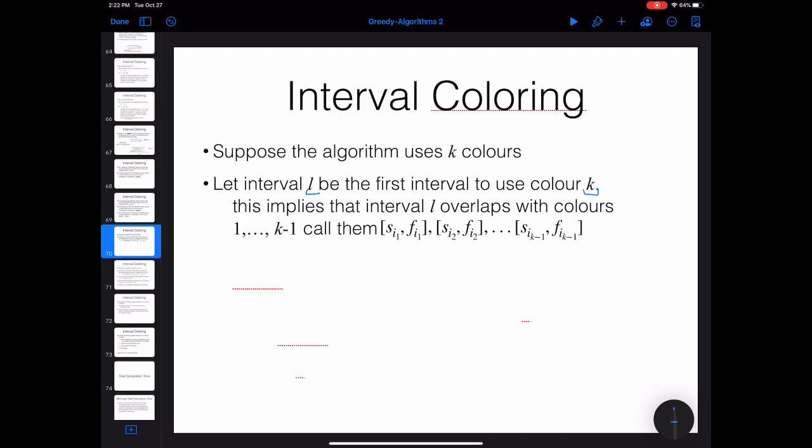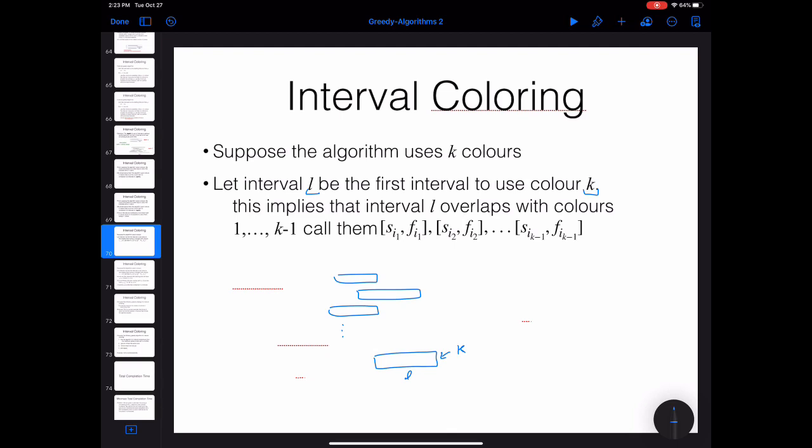It doesn't matter where it happened. Let's just call this one the interval L, where I am using the color k for the first time in the greedy algorithm. It tells me something, because the greedy algorithm always tries to find the color with the smallest color name.